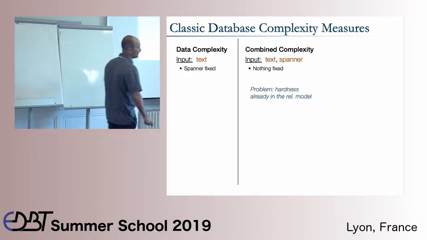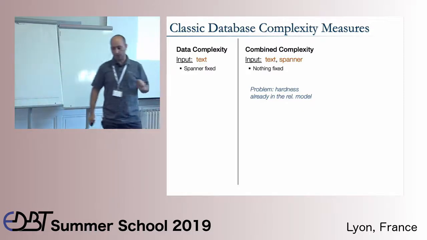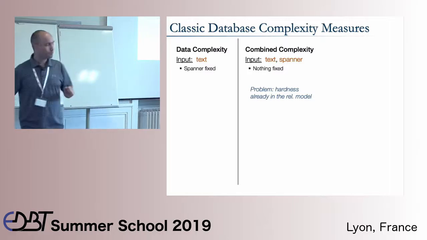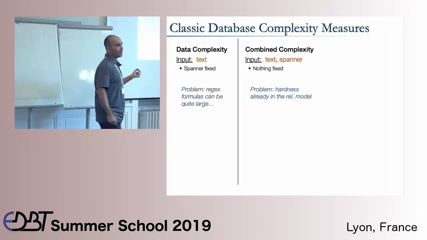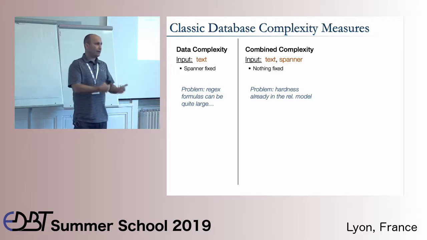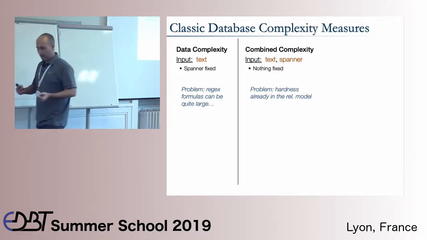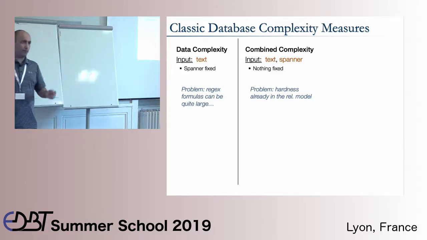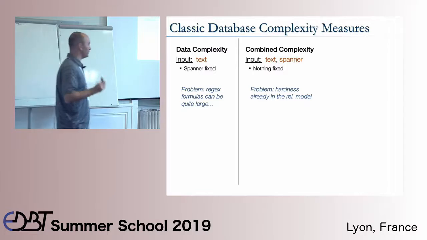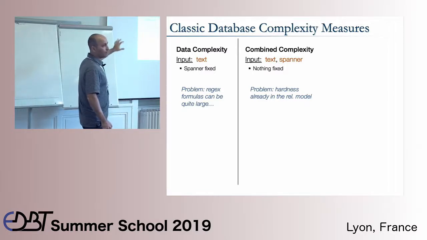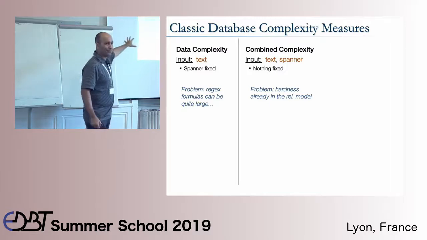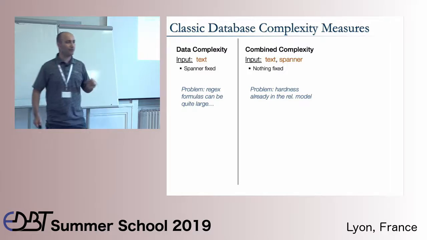So it won't get us far by talking about the combined complexity. But we felt like looking at the data complexity is cheating, or too much of a cheat compared to reality. And let me explain why it is a bigger cheat than in database theory.